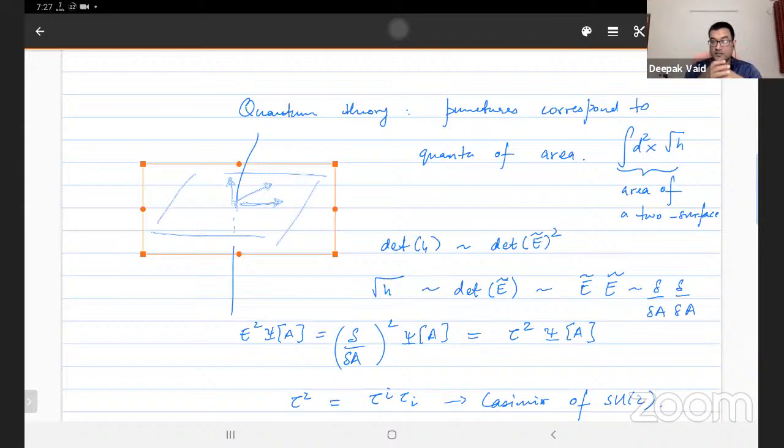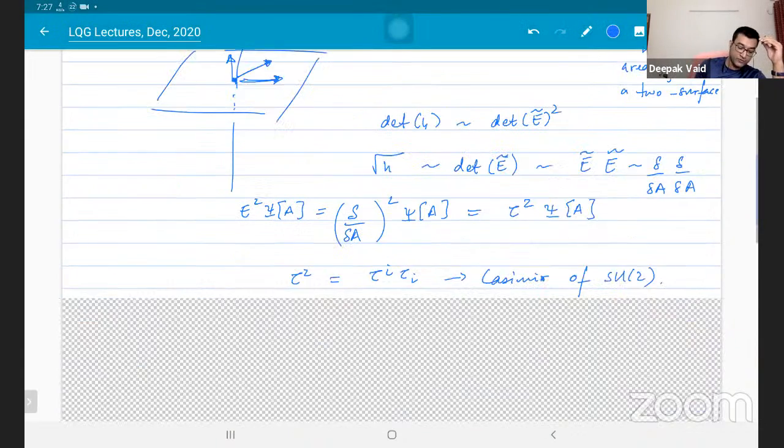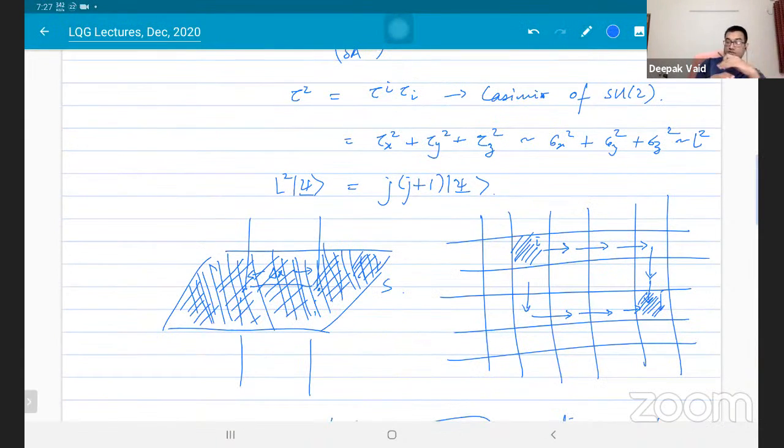A continuous manifold would be when you have lots and lots of punctures, right? It would be like a gas of punctures living on a surface. So in that case, you would have an approximation to a continuous manifold. But that would again be an approximation.